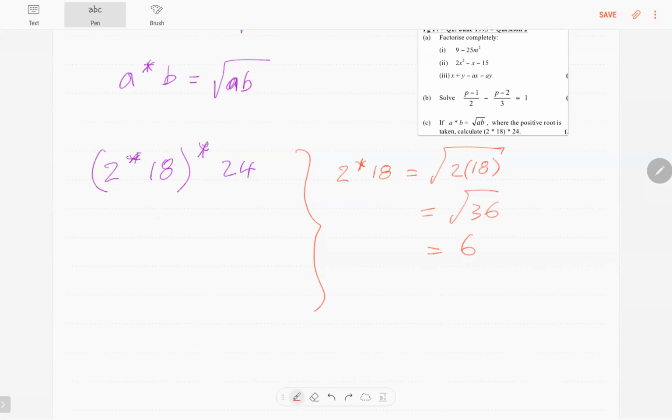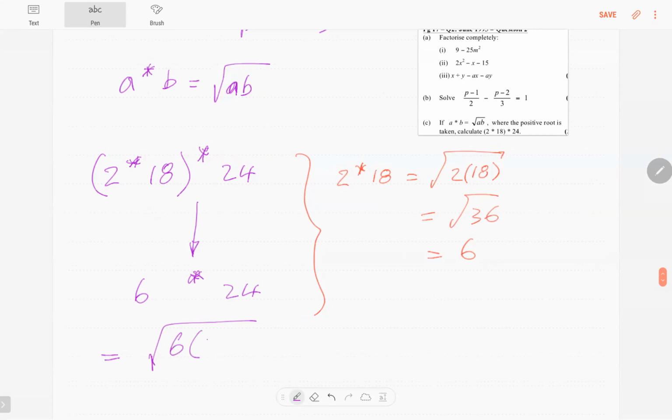And so this becomes 6 star 24. And 6 star 24 is just equal to the square root of the product, remember, 6 times 24.